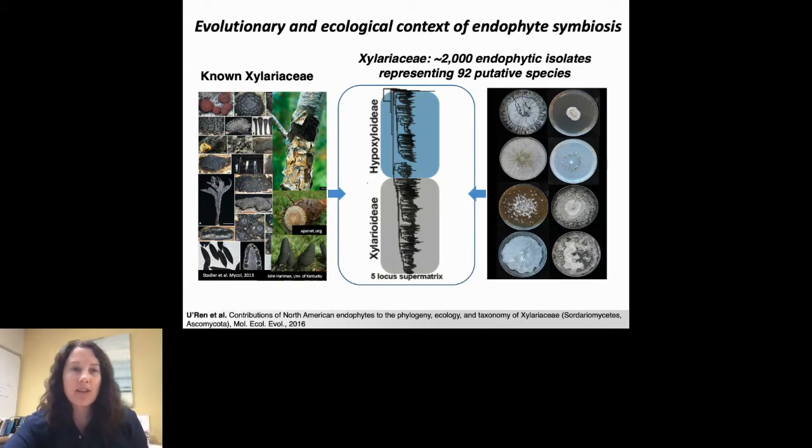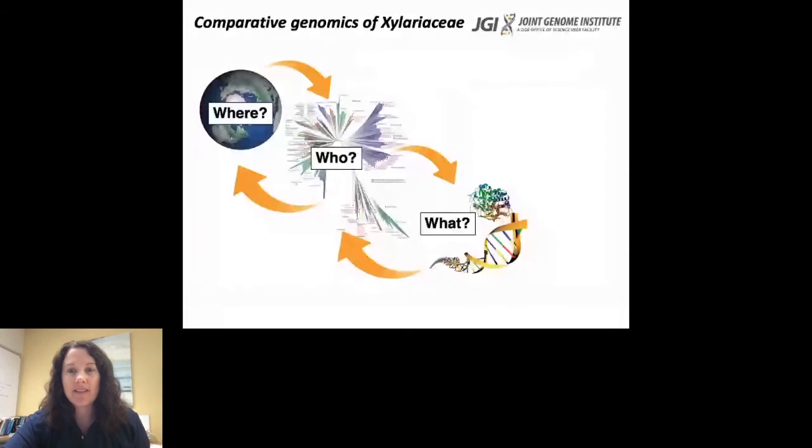That work really formed the basis for the CSP that was funded by JGI. In that CSP, on the comparative genomics of Xylariaceae, our goal was to do comparative analyses to understand the functional roles of these endophytic fungi in the context of their phylogenetic placement, as well as their ecological information.